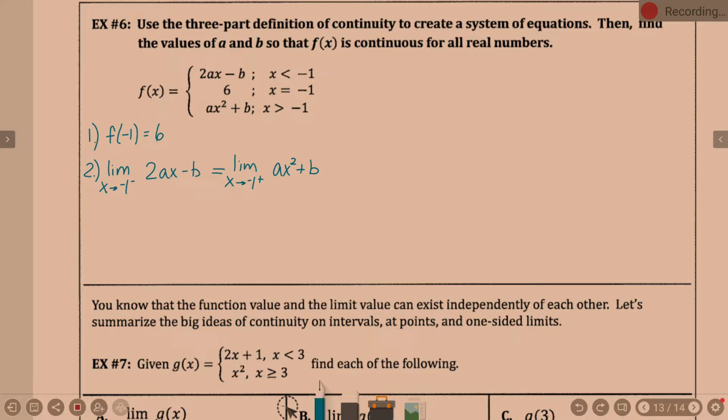There's a and b. So in this first one, 2ax minus b, so -2a minus b. And the other one, -1 squared is going to be +1, and so we're going to have a plus b.